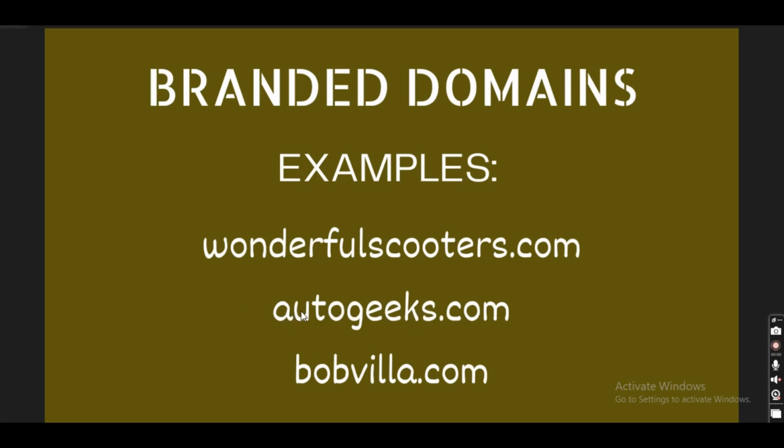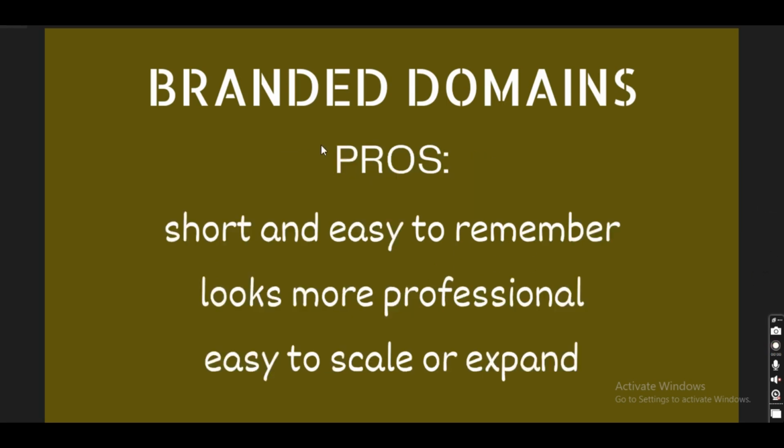You're not trying to optimize the name for keywords or ranking or those kinds of things. You're just trying to give it a broad name that speaks about your brand. Here you can see wonderfulscooters.com.